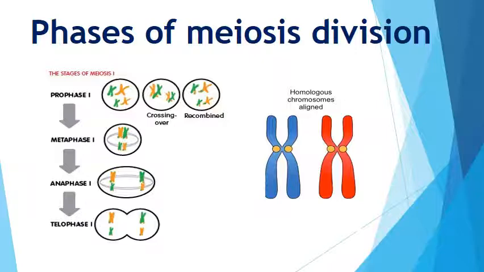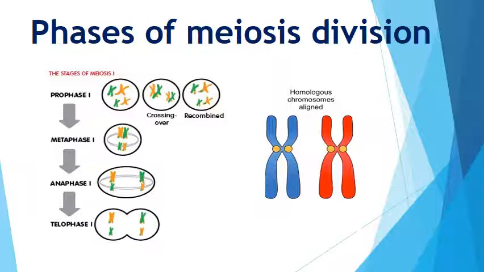Disappearing of the nucleolus and nuclear membrane, and this is like mitotic division. Formation of spindle fibers, connecting the homologous pair of chromosomes, or tetrad, with spindle fibers from the centromere.